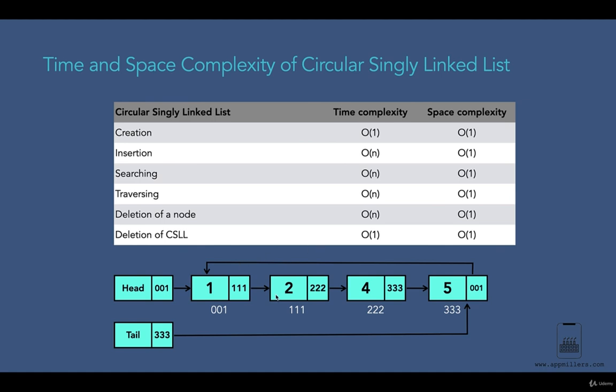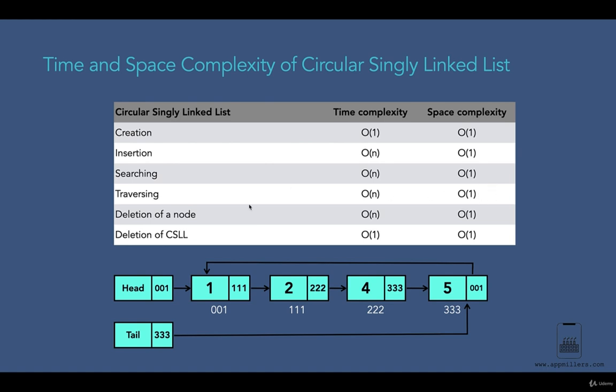So if the number of nodes in the CircularSinglyLinkedList is n, the time complexity will be O(n), because in this case we have to visit all nodes of CircularSinglyLinkedList. Now the space complexity is O(1) because here one more time an additional space is not required, so we are just visiting the nodes and printing their values, so this is not a space consuming operation.